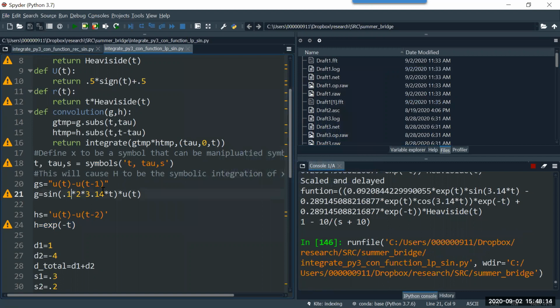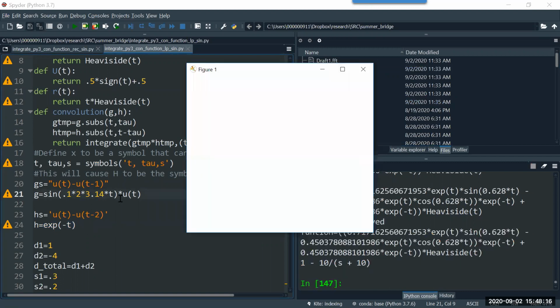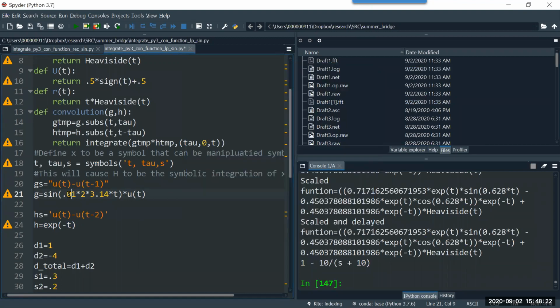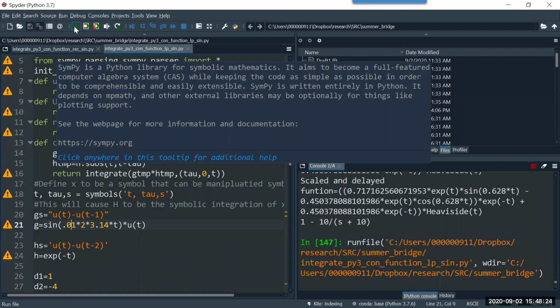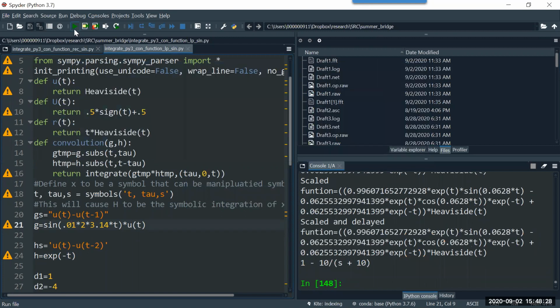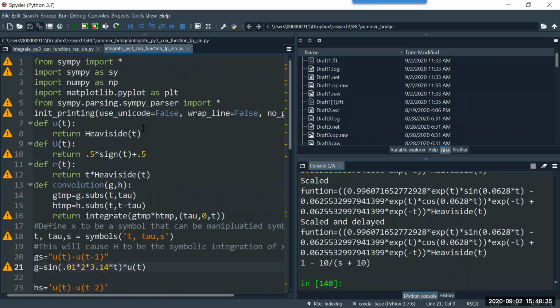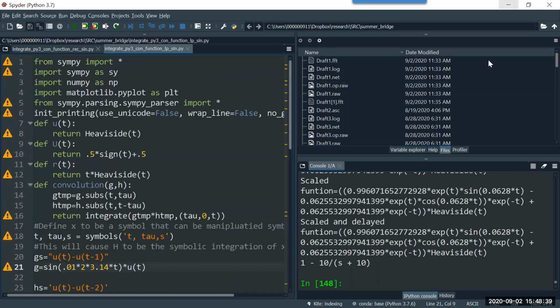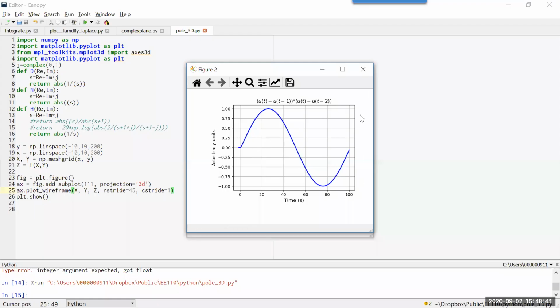This is actually a filter, and the lower the frequency, the more of it gets through as we're getting closer and closer to 1, whereas I lower the frequency even more. And yeah, this is going to be in the lab manual come Friday, where I'm showing you how to use symbolic math to do this kind of thing.